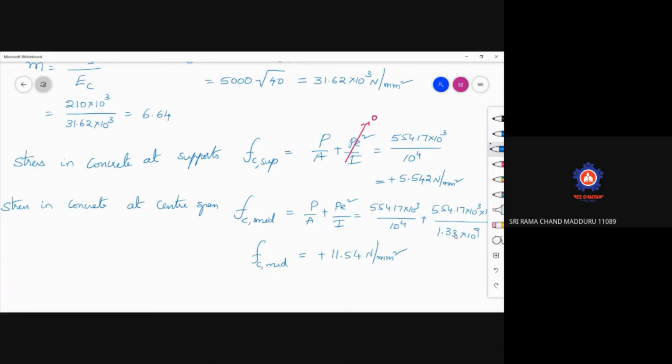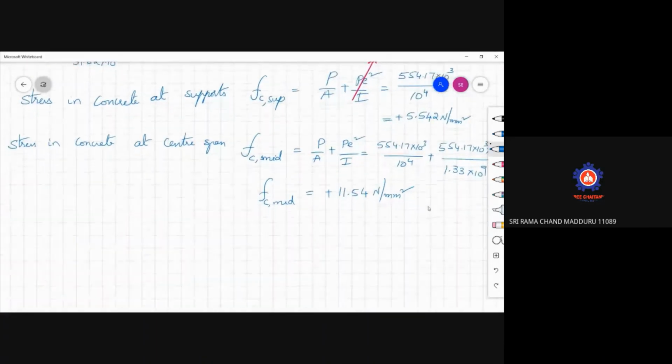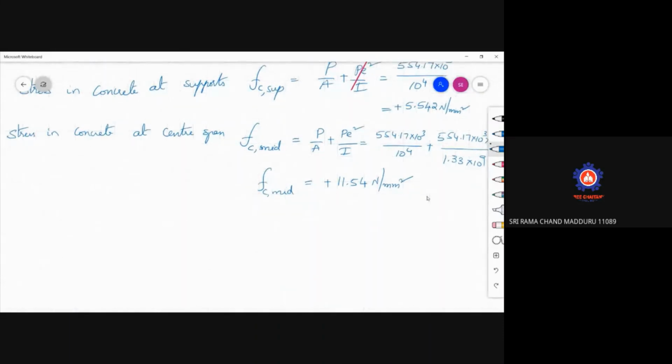So we need to calculate the average value. We should remember, when parabolic tendons or parabolic cables are given, we should consider the average value. FC average is nothing but FC supports plus 2/3 of FC midspan minus FC support.